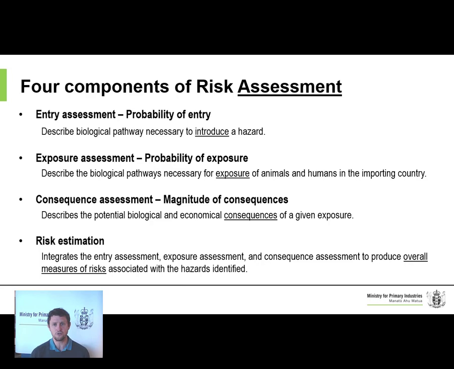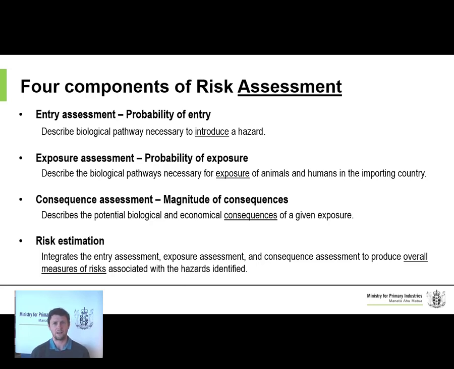We talked about the exposure assessment. So what is the probability of exposure? We described the biological pathways necessary for the exposure of that hazard to an animal or humans in the importing country. So we talked about, for example, Listeria monocytogenes in a ready-to-eat product.